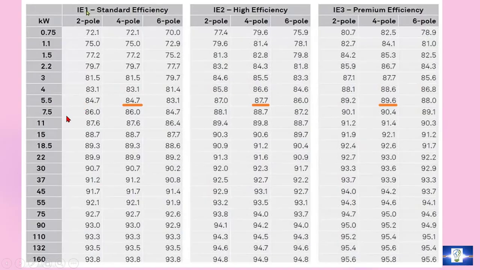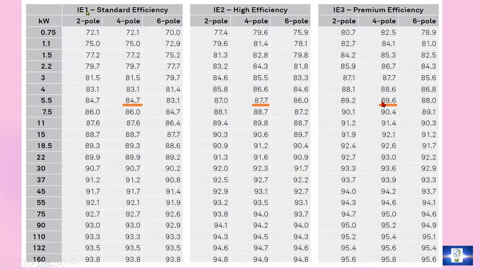Now coming to the comparison chart of IE1, IE2 and IE3 motors. Say for a 5.5 kilowatt, 4 pole motor, the IE1 efficiency is 84.7, IE2 is 87.7 and IE3 is 89.6.